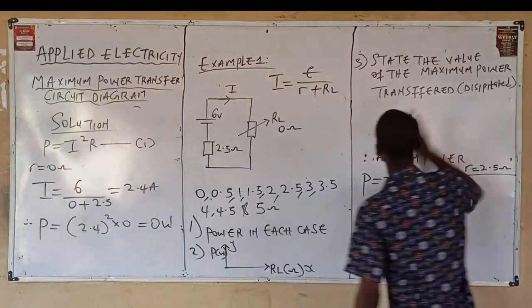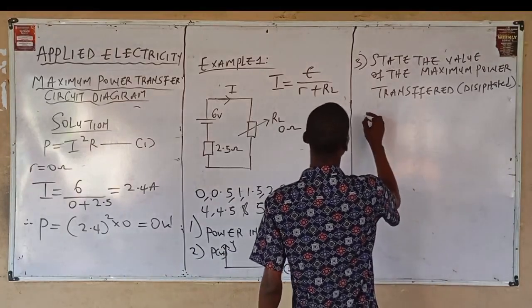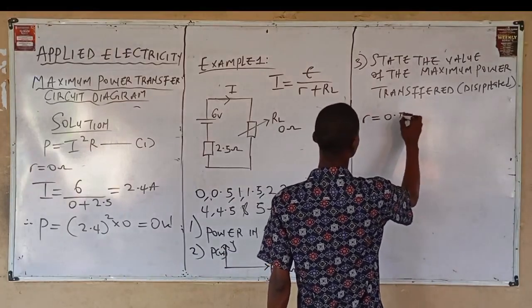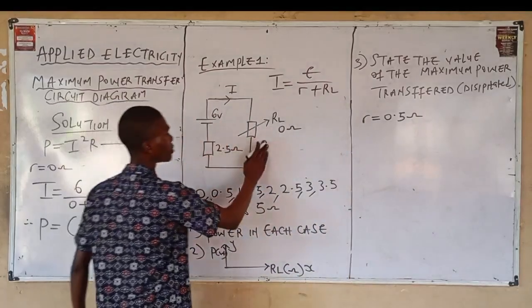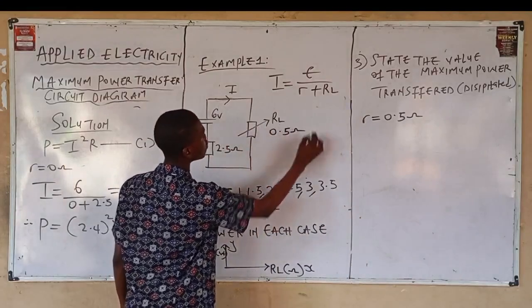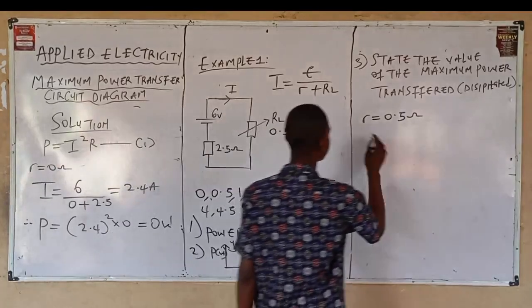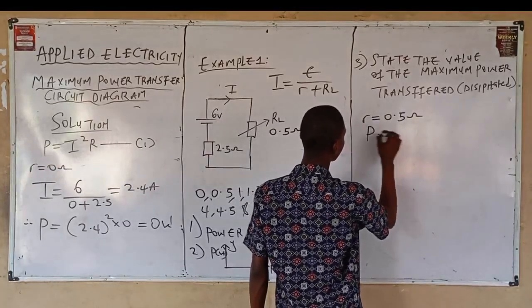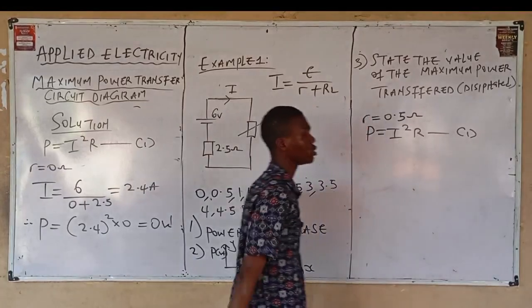Now, when R is equal to 0.5 ohms, in your diagram, in place of 0 ohms, you have 0.5 ohms. Using the same idea, power is equal to I squared R. Call this equation 1.